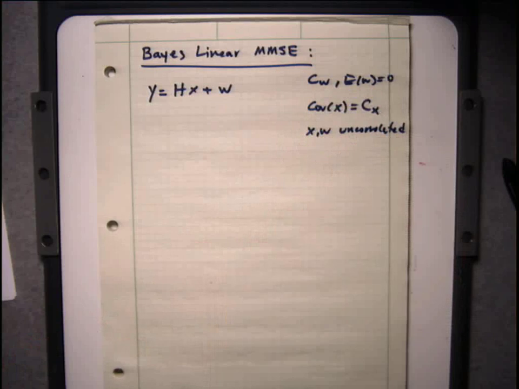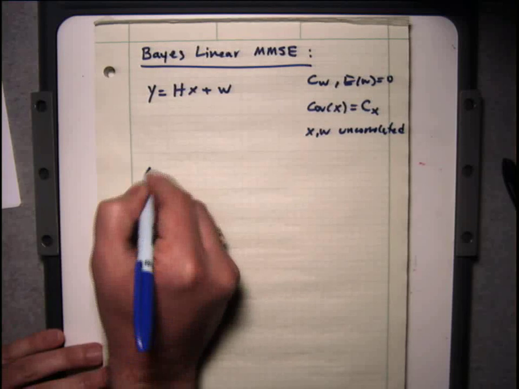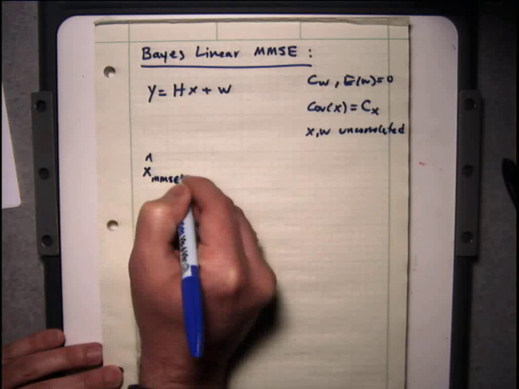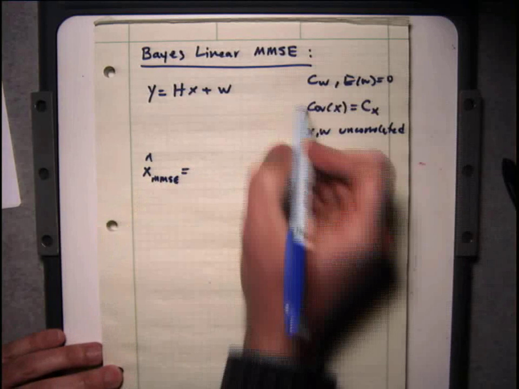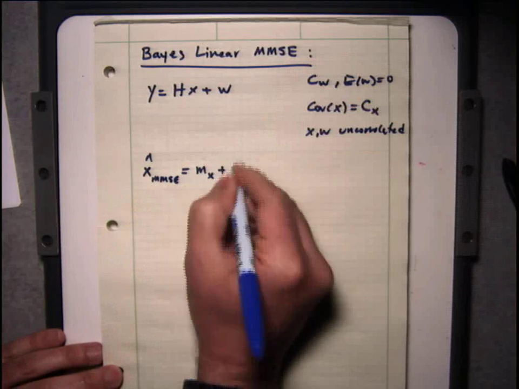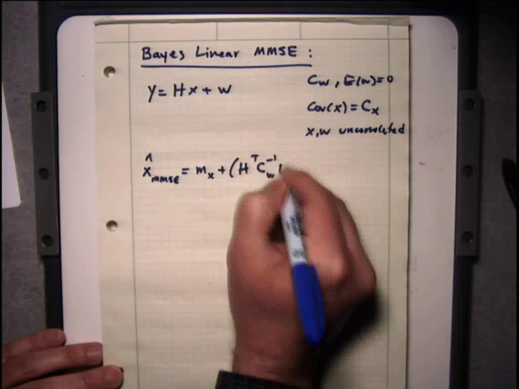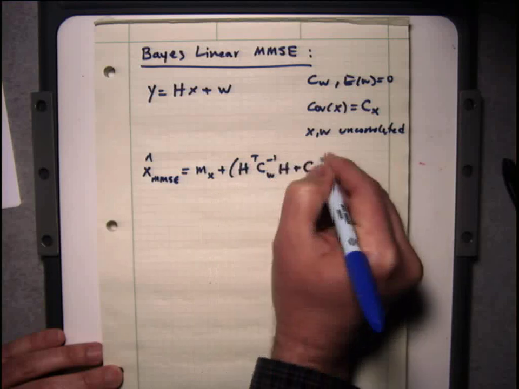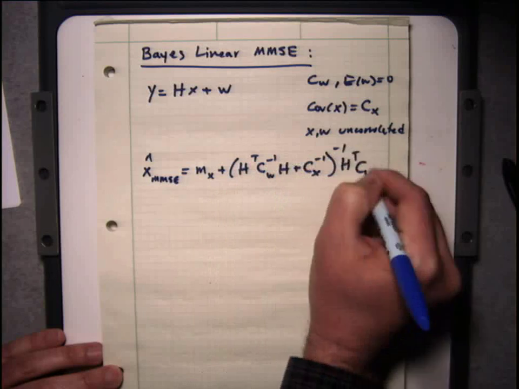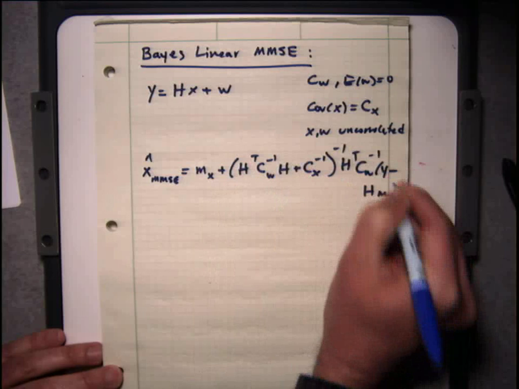So from this, we wrote down the minimum mean squared error estimator for this linear model based on this given data: mx plus (h transpose CW inverse h plus Cx inverse) inverse times h transpose CW inverse times (y minus h times mx).